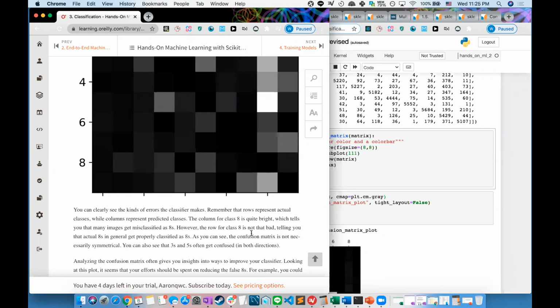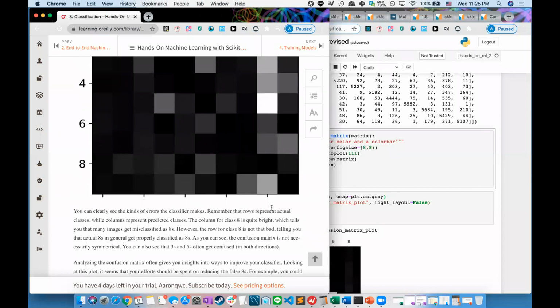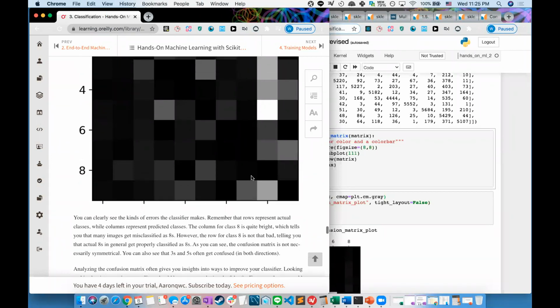However, the row for class 8 is not that bad, telling you that actual 8s in general get properly classified as 8s. So this is actually not that bad, but this column is quite bright, which tells you many images get misclassified.